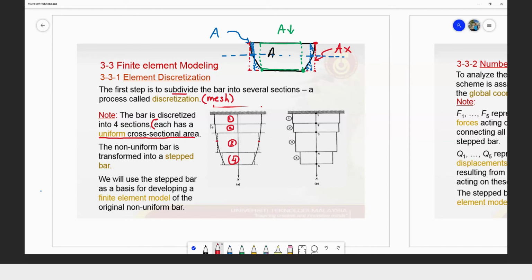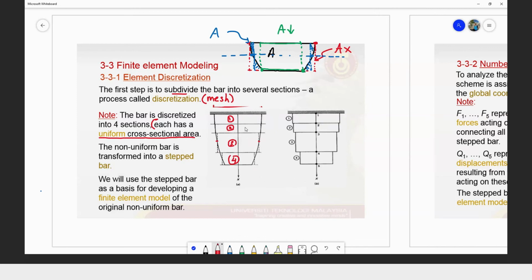So from there, now we can kita dah boleh lupakan. Okay, kita boleh lupakan dah the physical geometry kita tadi tu, sebab dia dah digantikan oleh element that has a uniform cross-sectional area of approximately equivalence in terms of dia punya area dengan the physical geometry.